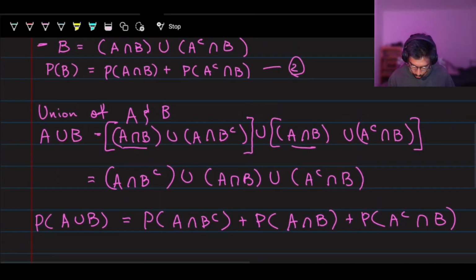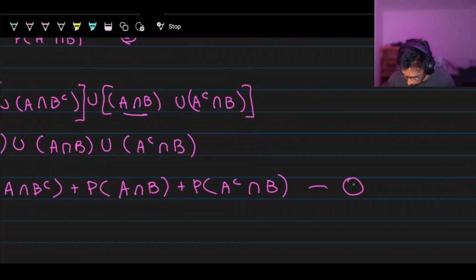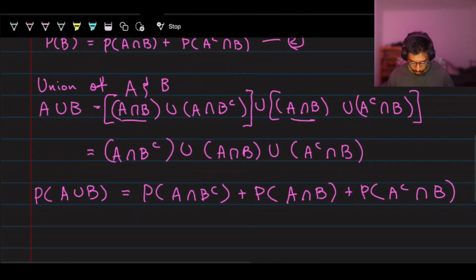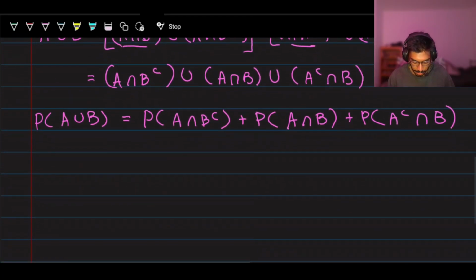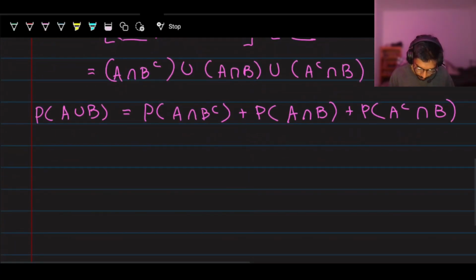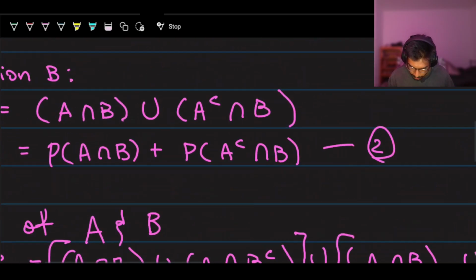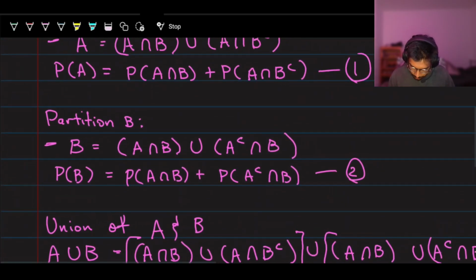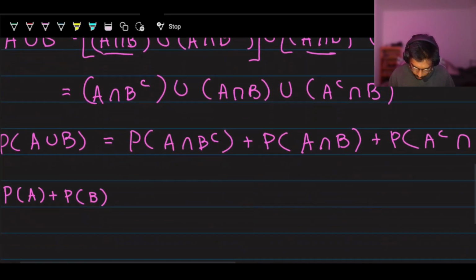And so now we can call this equation 3. So we have the probability of A, the probability of B, and the probability of A union B. Now, going back to what we were trying to prove, let's see what is P of A plus P of B. So P of A plus P of B is this plus this, so 1 plus 2.